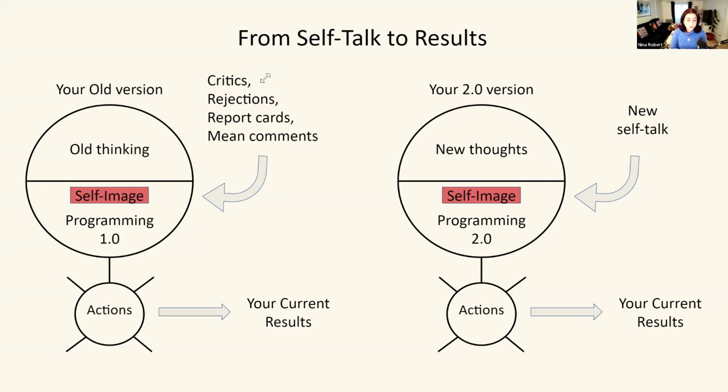When was the last time that you said something nice to yourself out loud? I remember I did that just a few minutes before I started this meeting. I said a few encouraging words to myself before I started.